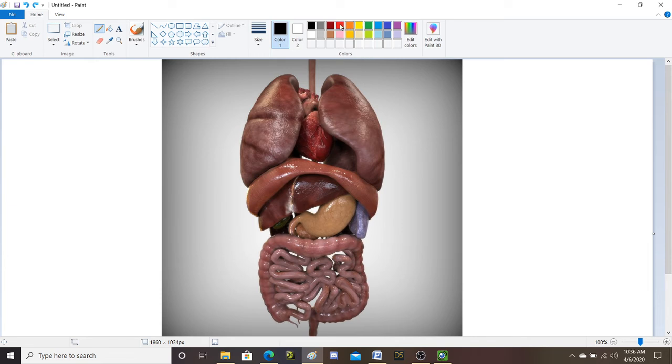Let's make it a red color just so that you can see. All of these spaces around the small intestine tubes, it's actually a membrane.